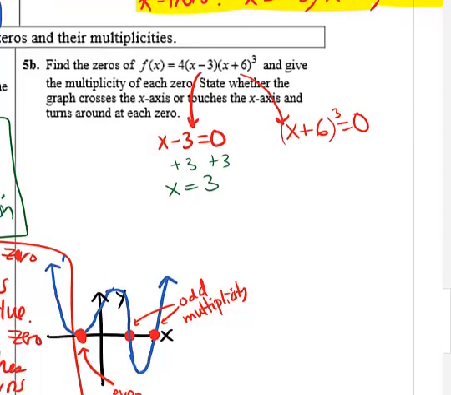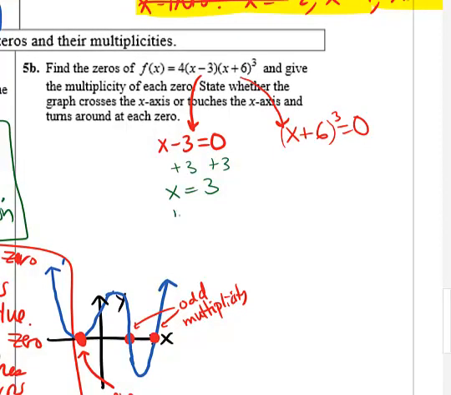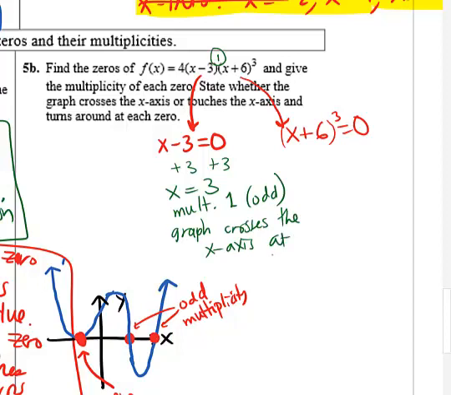And I might as well say it right now: its multiplicity is only 1, because there's an invisible 1 power on that factor of x minus 3. That's an odd number, which means the graph crosses the x-axis at x equals 3.